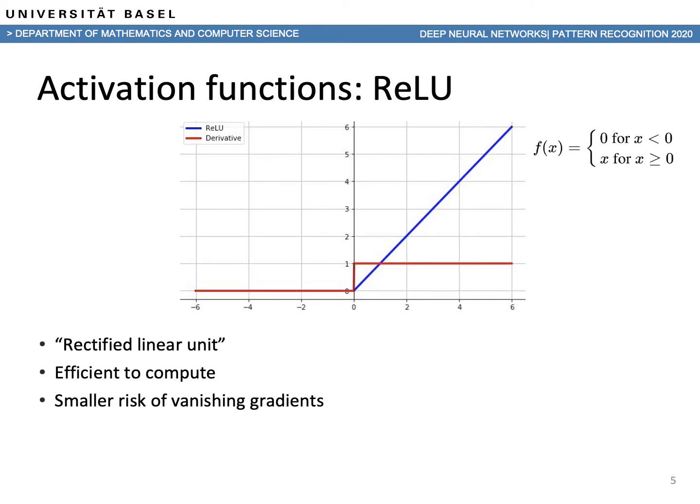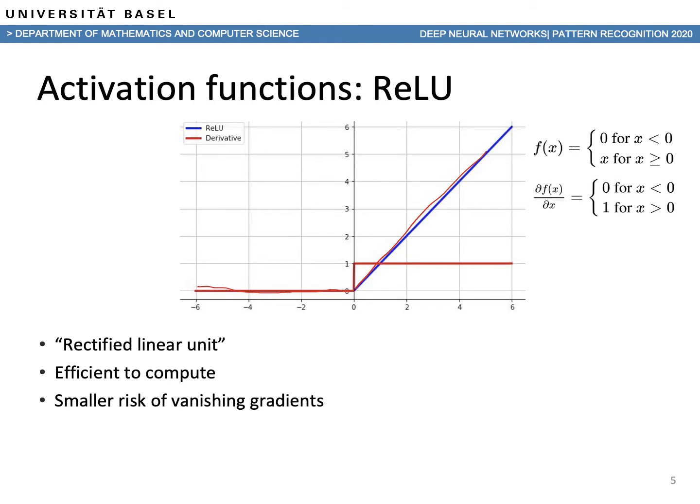A very popular alternative activation function instead of the step function is the rectified linear unit, so the ReLU activation function. The way that works is that it sets everything to 0 if x is below 0, and everything above, it just passes x straight through the activation function.